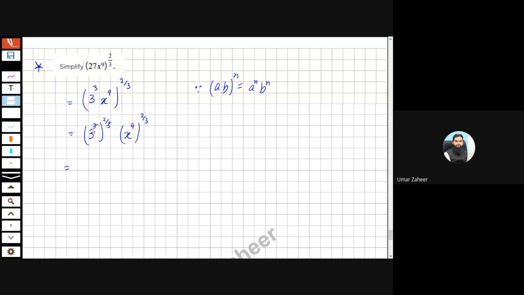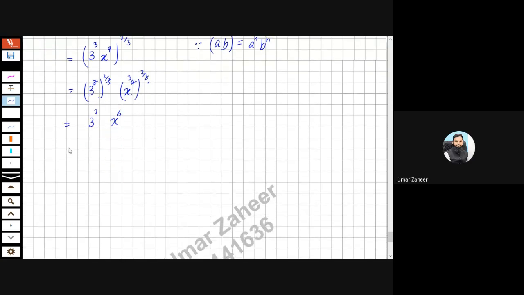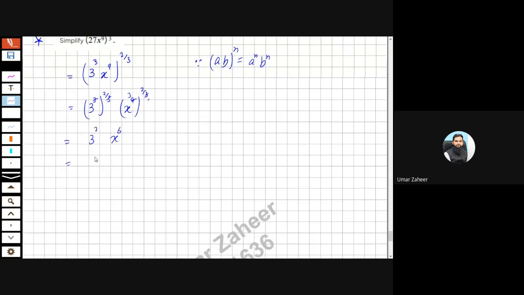So the 3 cancels out and you will get 3 squared. 3 times 2 is 6. Is it clear? Yes. Now 3 squared is 9. You will get 9x raised to power 6. That's your final answer.